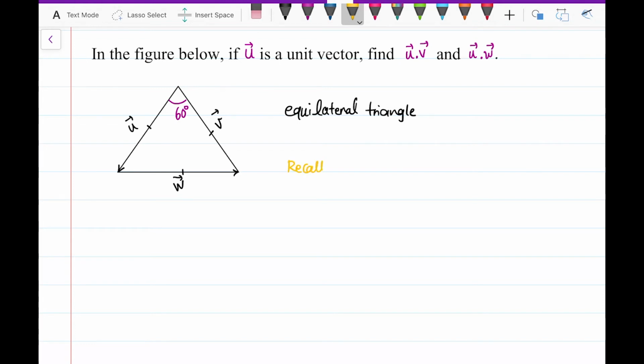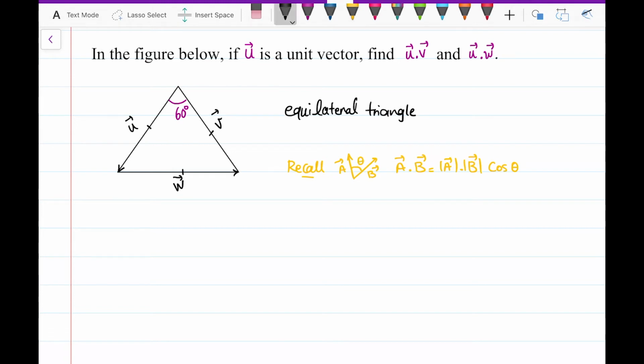So for finding U dot V, I can use the geometric definition of the dot product. Let me give you a recall. If we have two vectors like this, the vector A and the vector B, then A dot B would be the length of A, the length of B, and the cosine of the angle between them.